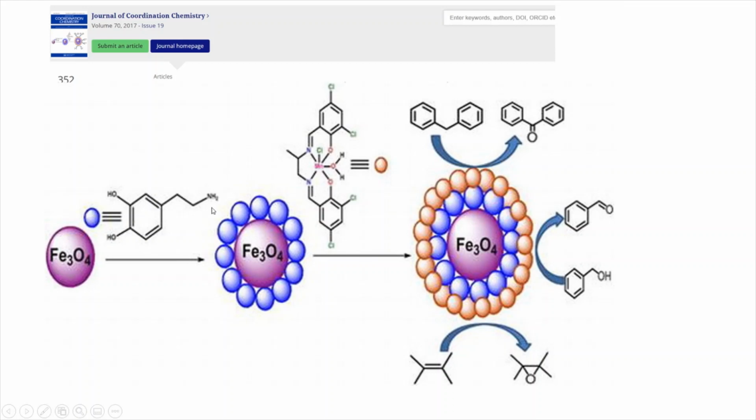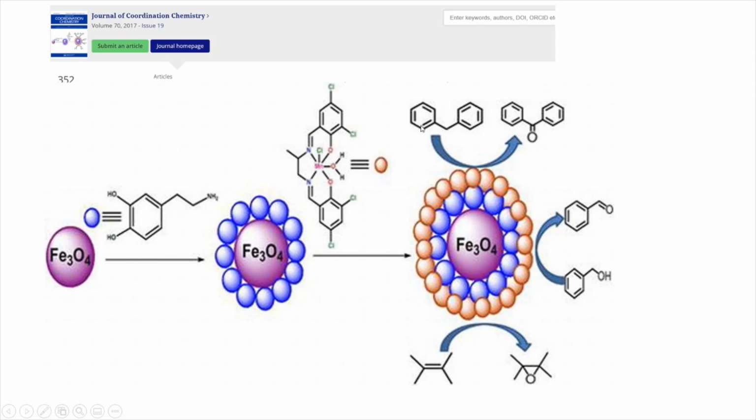So you can see that here they use the ferric oxide and the dopamine, and it forms this kind of cluster compound. And after that they use, I guess, Jacobsen catalyst, and that forms another layer on that.